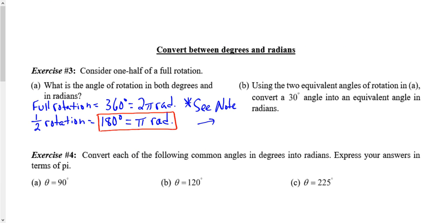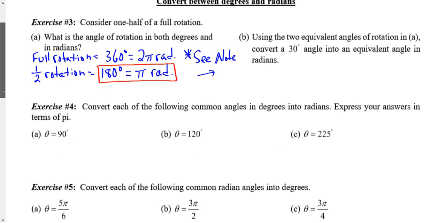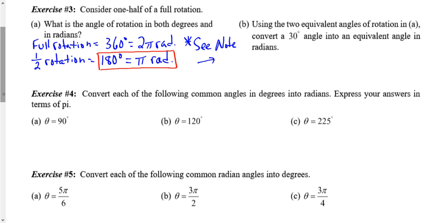Now that we know how to convert, okay? So now in part B, using 2 equivalent angles, we're going to convert 30 degrees into radians, what they want, right? So let's take our 30 degrees like we did on the notes page, right? And we're going to multiply it so that degrees cancel. So it's either going to be pi over 180 or 180 over pi. Which one? Pi over 180. So pi radians over 180 degrees, right? Our degrees cancel.